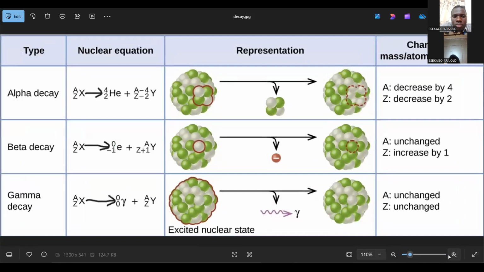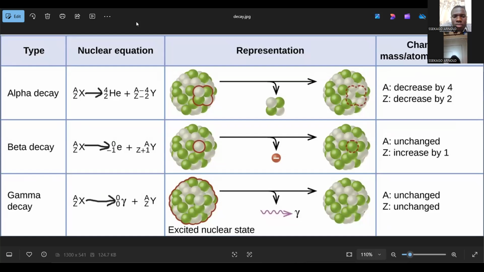So what do I want you to note? After capturing all those things, you are going to draw this table. The heading of this table is summary of decay processes. Understood?